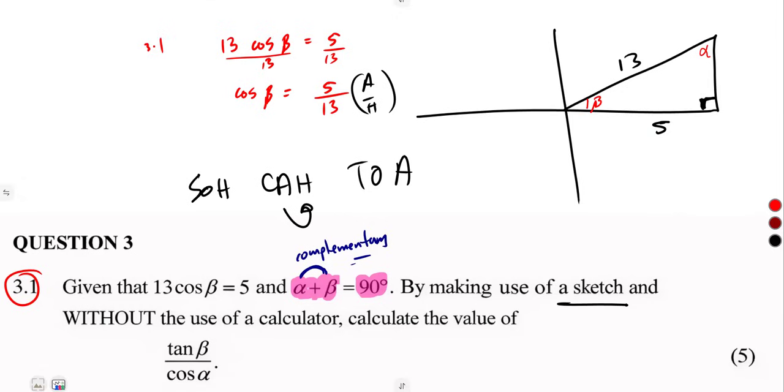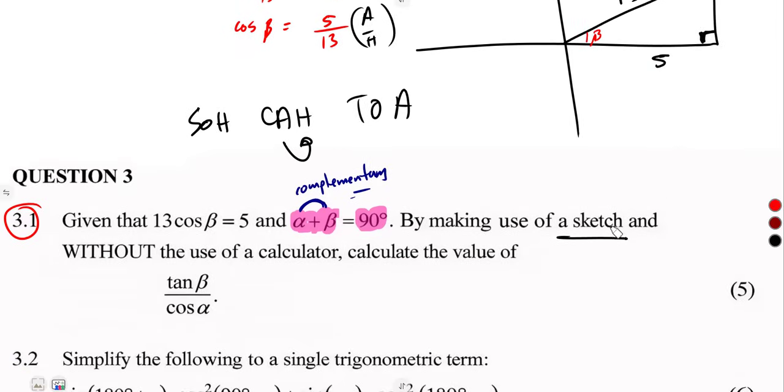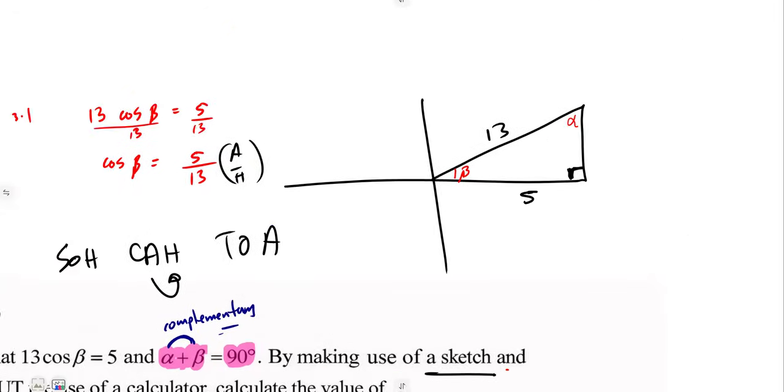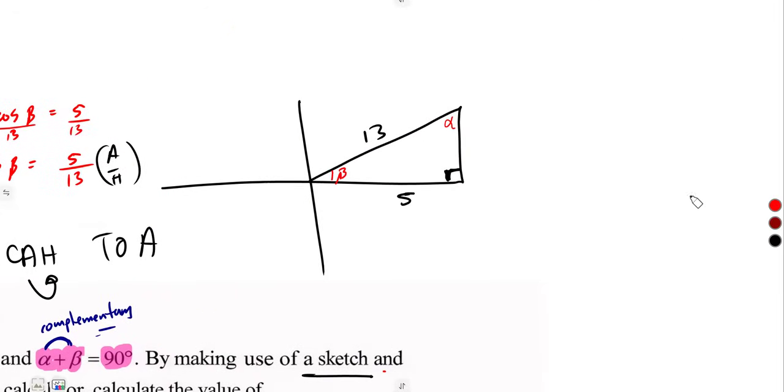But the question is, out of that sketch and without the use of a calculator, can you calculate the value of this? Tan beta over cos alpha. Can we determine that? The tan of beta over the cos of alpha.